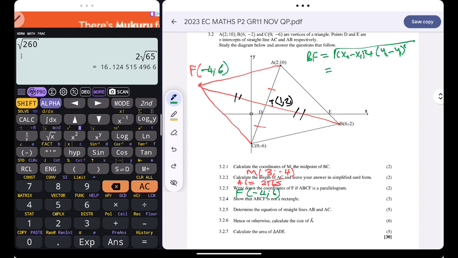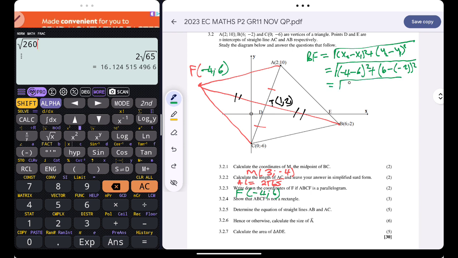Well, that's why this thing is 3 marks. The length of BF, I'll simply take the x value at F minus the x value at B, squared, plus the y value at F minus the y value at B, squared.